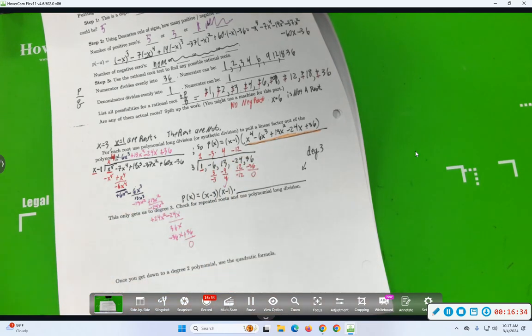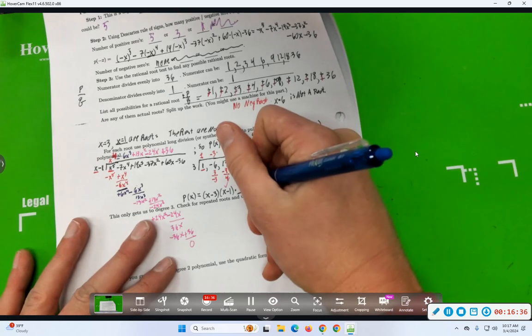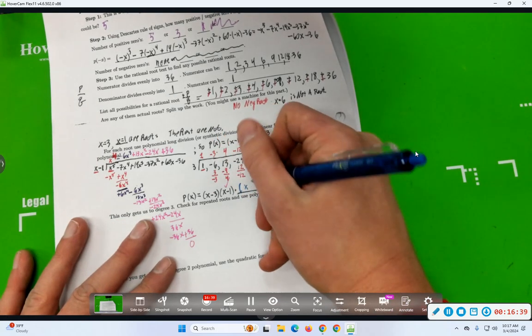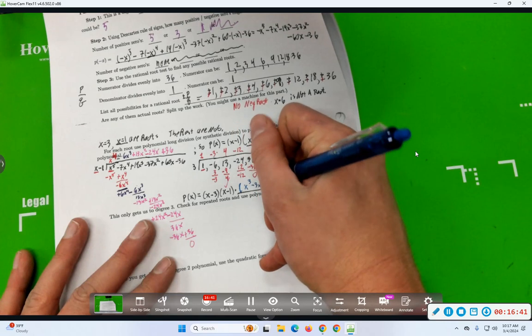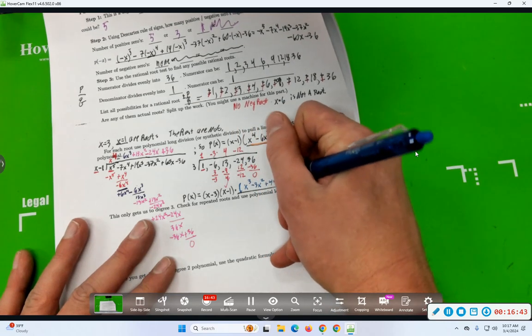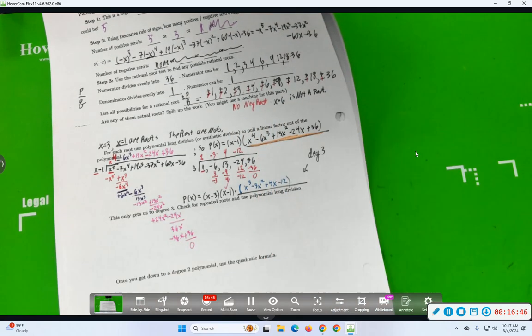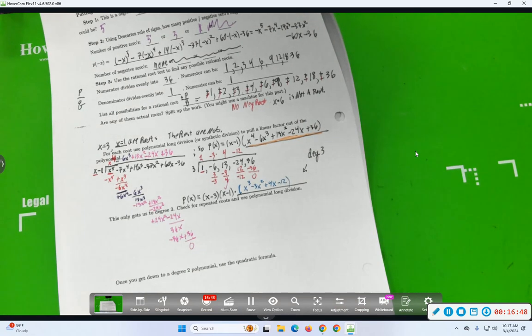So now I have that cubic factor, x cubed minus 3x squared plus 4x minus 12. So, what's the takeaway here? Once you know a bunch of roots of a polynomial, just do synthetic division again and again and again. Pull out a linear factor each time, and you'll reduce the degree of what's left by 1 every time you do it. Feel pretty okay?